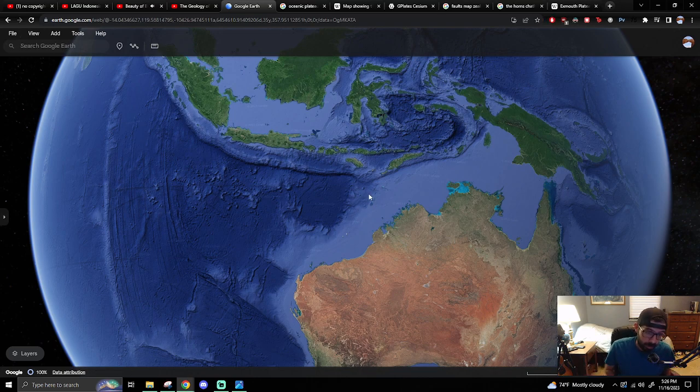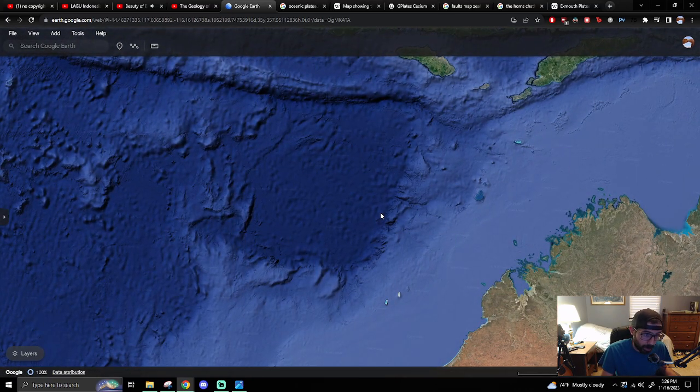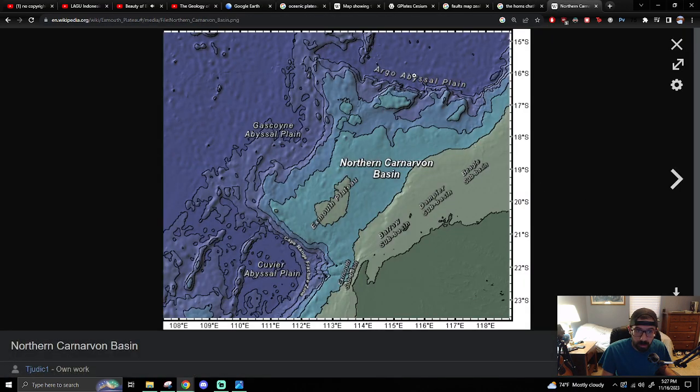Let's just look at the evidence. Okay. So the Argo Abyssal Plain to the north, this area right here, initiated at 155 million, radiometric dating.